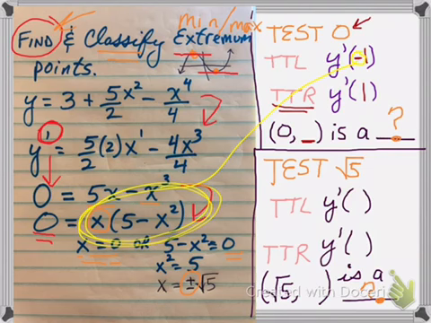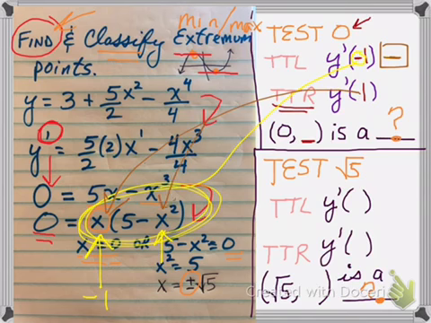If I plug a -1 in the place of x, I'm going to get -1 times 5 minus 1, which is 4. 4 times -1 will result in a negative result. I don't care what the number is, I just want to know the sign. Now I'm going to test a number to the right. If I plug 1 in here, I get 1 times 4, which is a positive result.